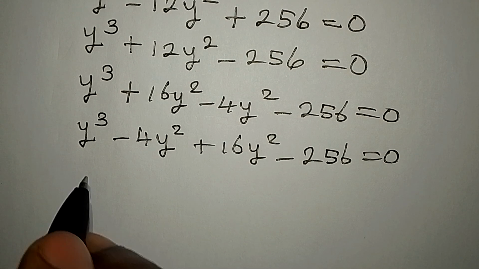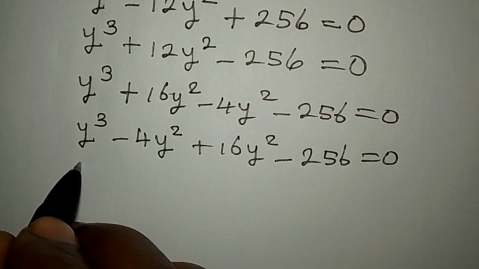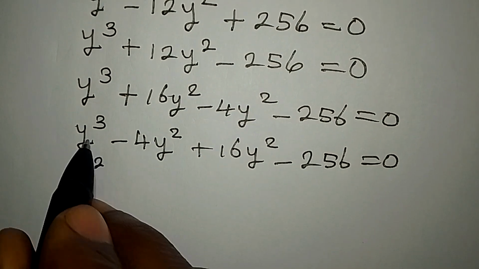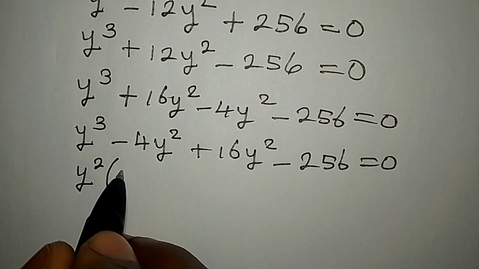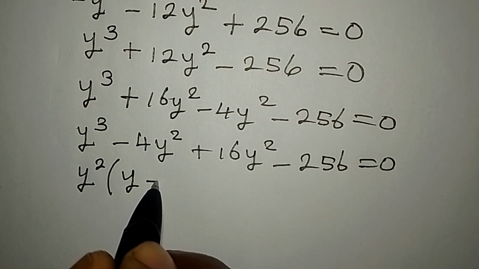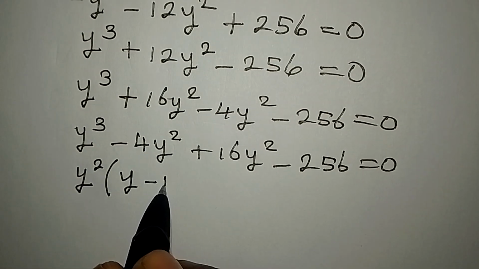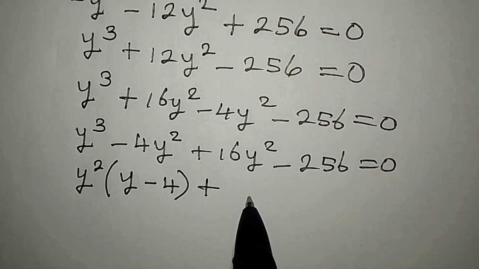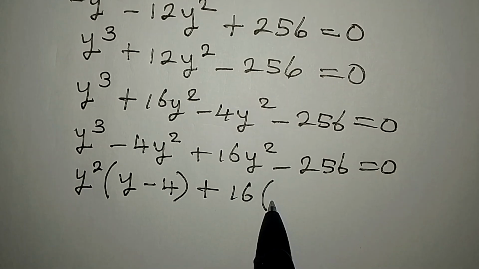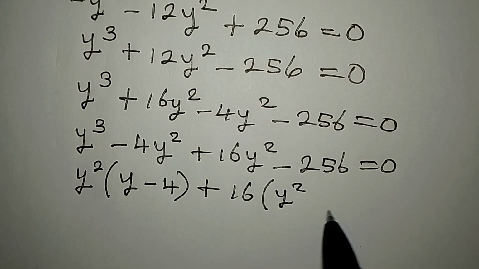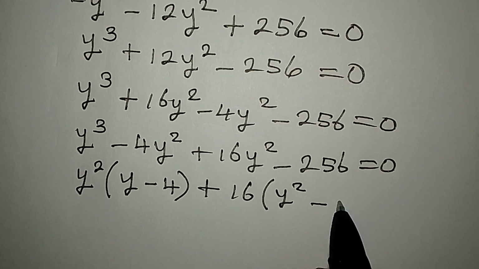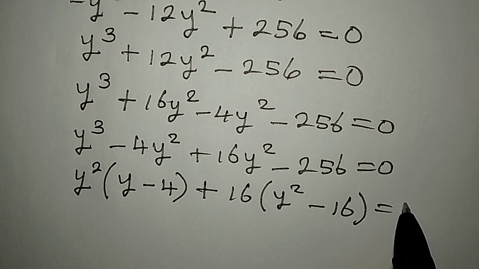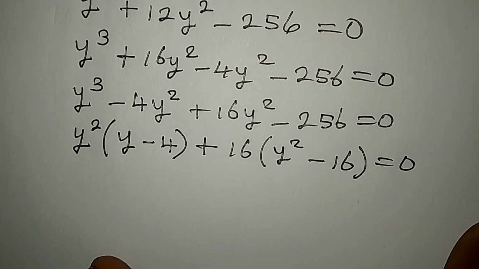Now to continue from here, we can factorize. y squared is common to these two. So in here we have y, minus 4, since y squared is already out. Then plus 16 is common, so 16 is out. In here we have y squared minus 16, since 256 divided by 16 is 16, and this is equal to 0.